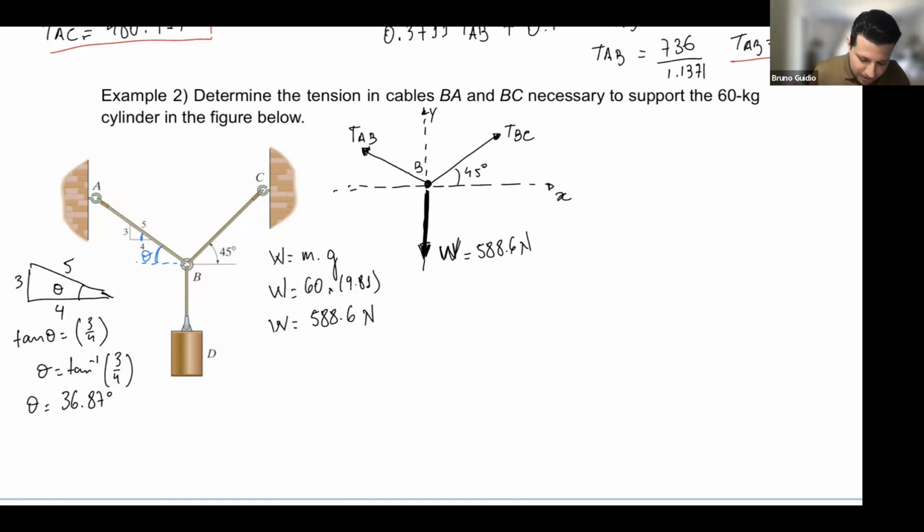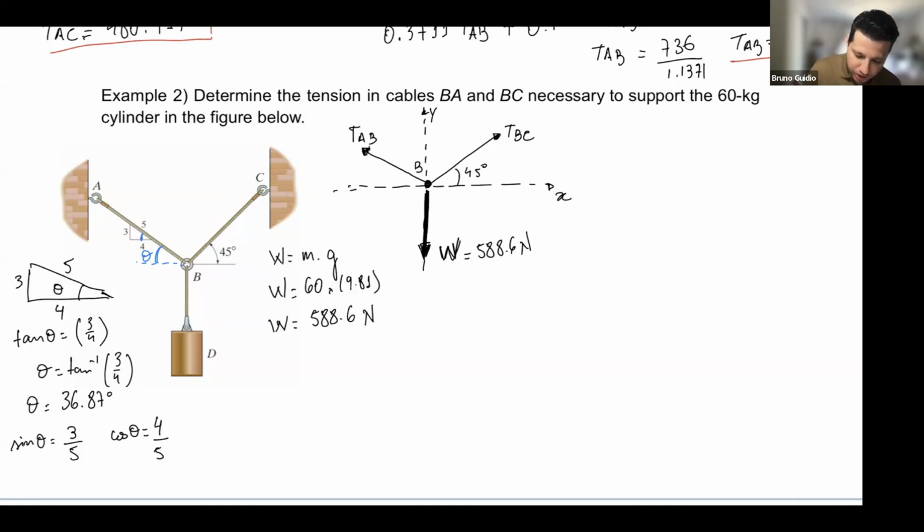However, I can also use the sine and cosine already. What is the sine of theta? SOH-CAH-TOA, opposite over 5. And the cosine, adjacent over 5. So this is my other way to solve the problem, with the angle.